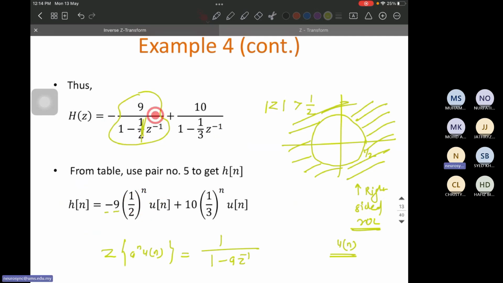Okay. So the inverse z transformation is this, plus 10 you keep outside. Now if we compare this with this, the inverse z transformation is 1 by 3 to the power n u of n. Okay. So this is the final answer.